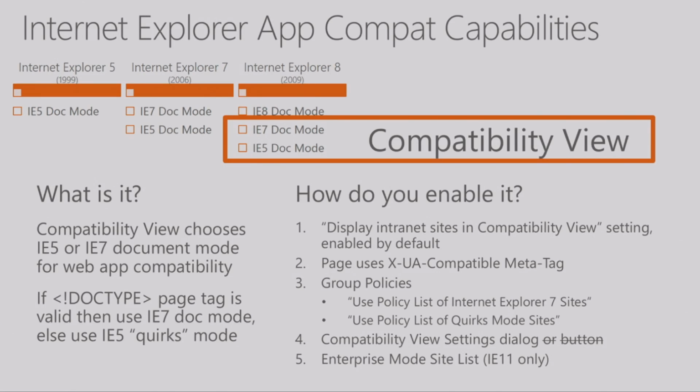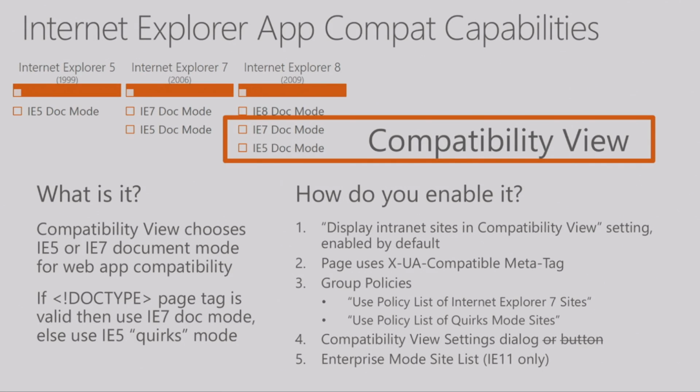And so the defaults in Internet Explorer 8 at the time, and in 9, and in 10, and I'm sad to say today in IE11, is to enable intranet sites in compatibility view by default. Because we know that you still had a lot of legacy line of business applications that used that older compatibility view.